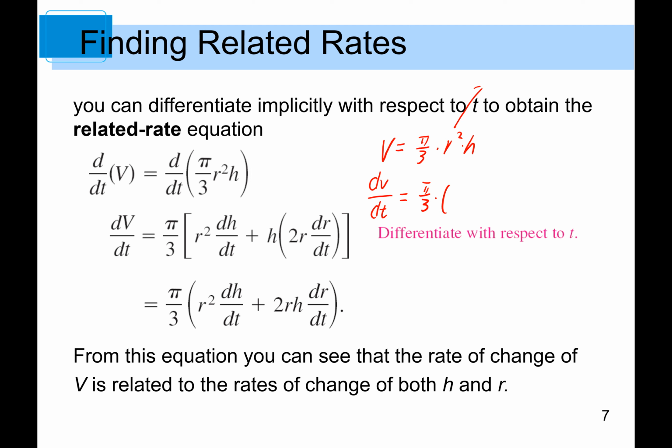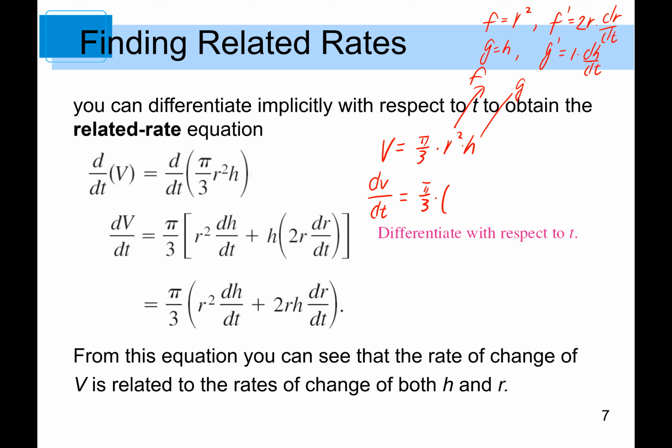So this is our f and g. So f equals r squared, f prime equals 2r times dr over dt, and g is h and g prime is 1 times dh over dt.